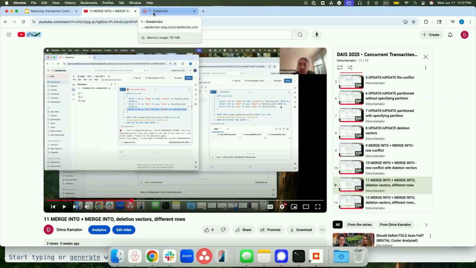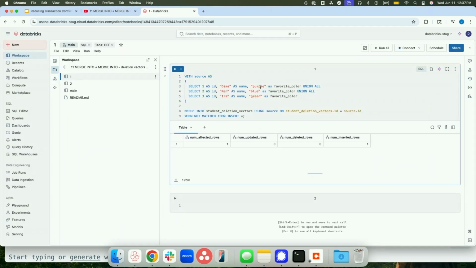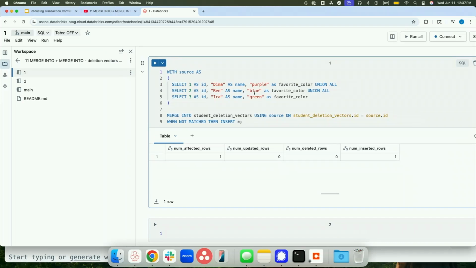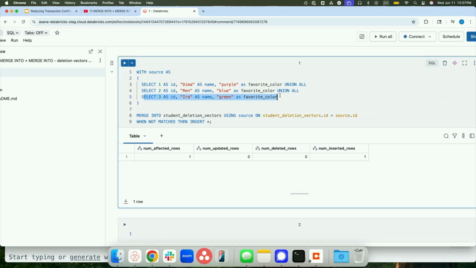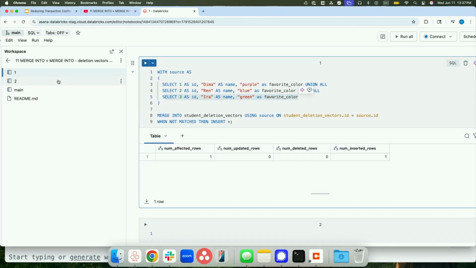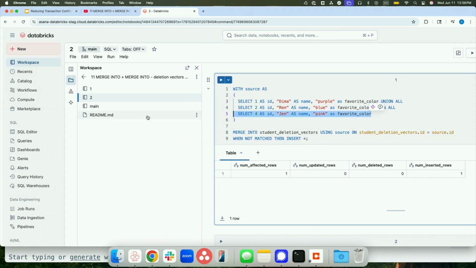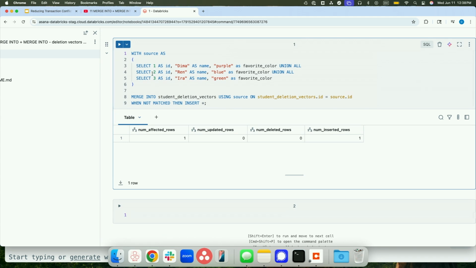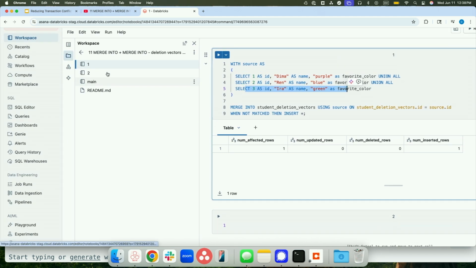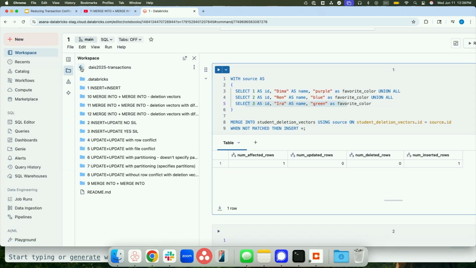But there's a bit of a limitation, which is that the SQL query itself needs to be able to know that the row we're trying to insert in one of the transactions is different from the row we're trying to insert in the other transaction. So here, this row is clearly different from this row, and so the inserts can happen at the same time.